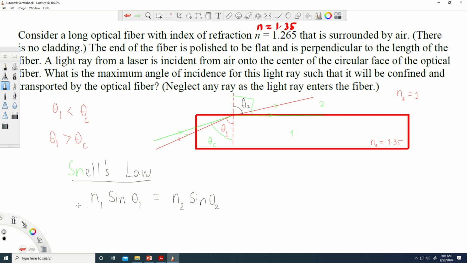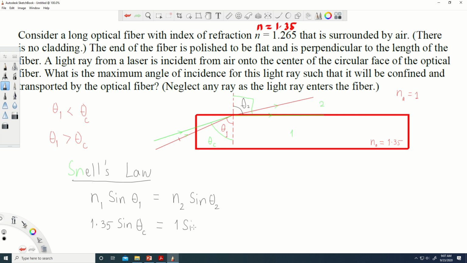So now let's see what we have here. n1 is the refractive index of the optical fiber or optical cable, which is 1.35. Sine theta 1 is the critical angle. n2 is 1, the refractive index in air.